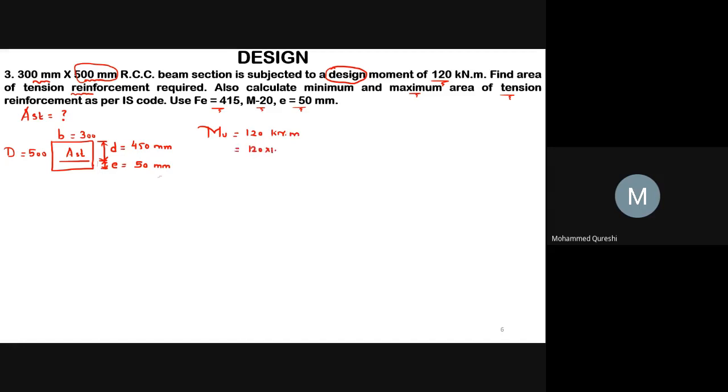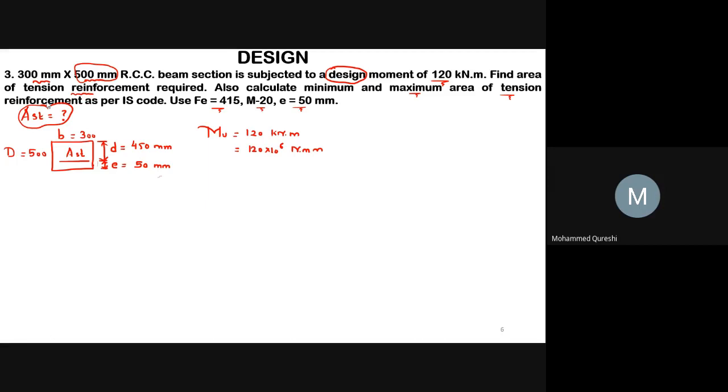And the value of Mu design moment is given as 120 kilonewton into meter, which will be equals to 120 into 10 raised to 6 Newton into mm. So now we have to firstly calculate the area of tension reinforcement, that is AST. And as we know that we can calculate AST after achieving the value of PT.